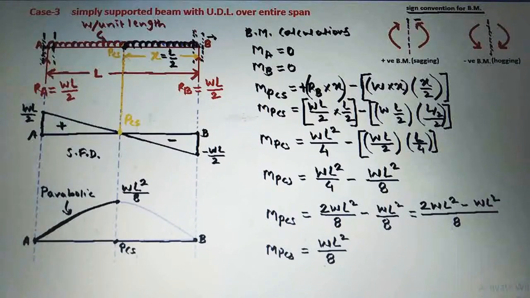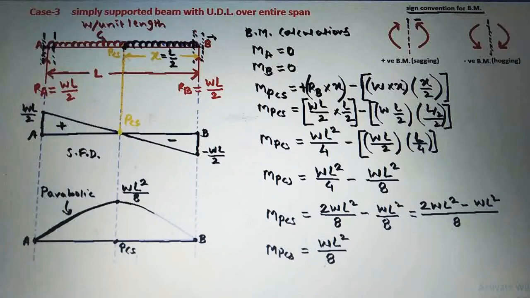Next we will join the point of contrast shear and B. So we will join WL square by 8 and 0. As there is a loading between point of contrast shear and B, the bending moment diagram will be the parabolic curve here.